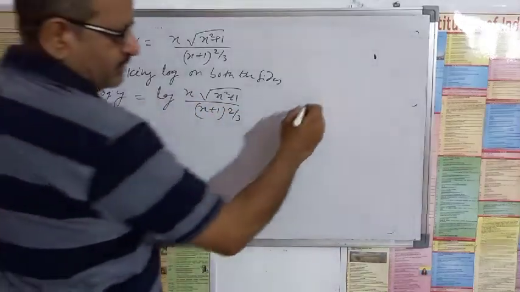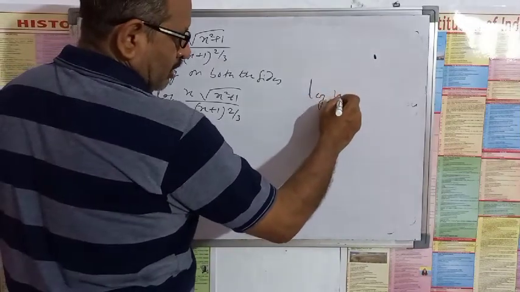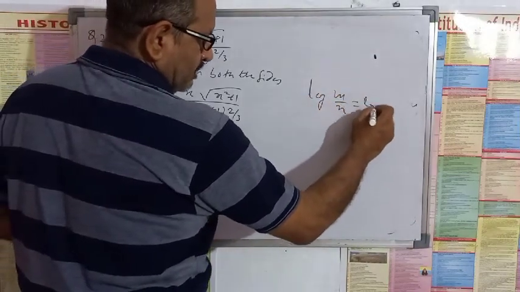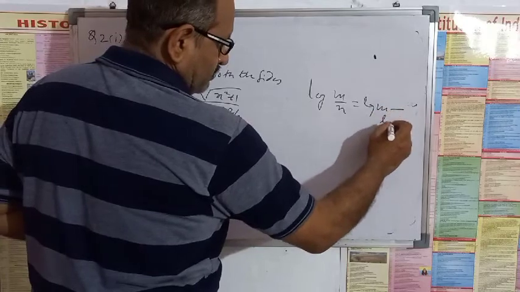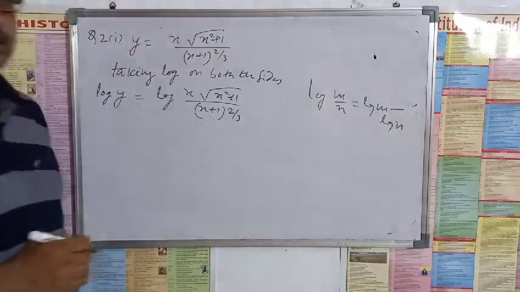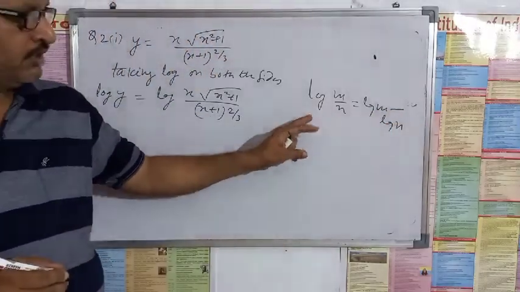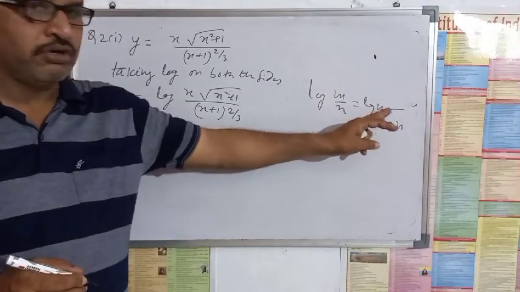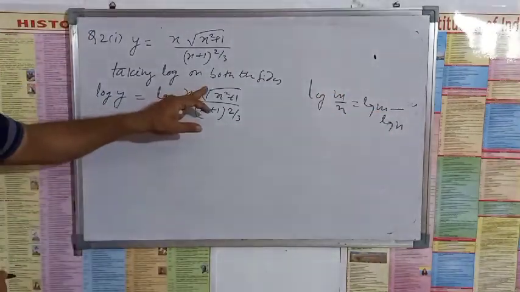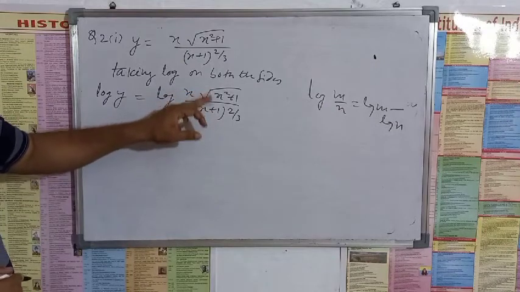We know that log m by n is log m minus log n. It is the quotient rule of logarithm. Log m by n is equal to log m minus log n. So numerator is m, denominator is n.